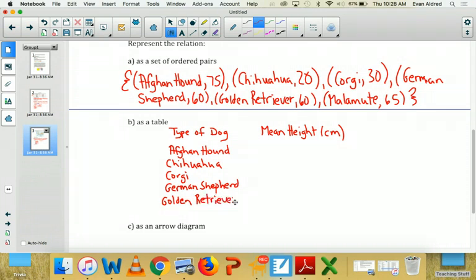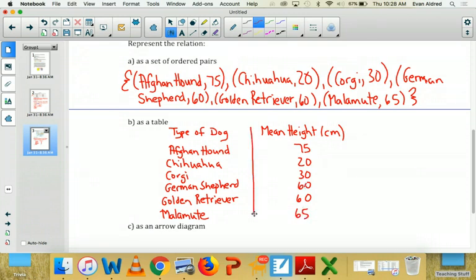And this is where the habit of alphabetizing even your ordered pairs and getting everything in the correct order, you can see it kind of pay off, because now I just list my table in the same way that I've listed my ordered pairs. So 75, then 20, 30, 60, 60, and our final was 65.